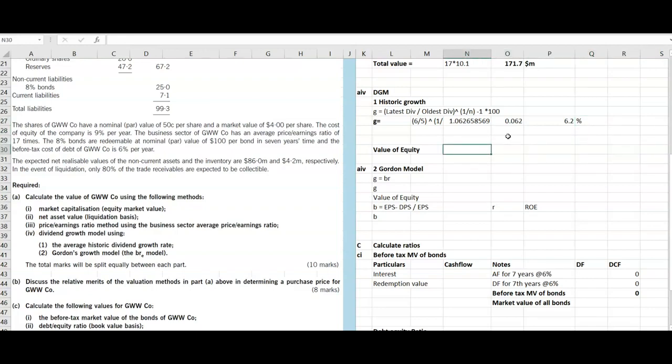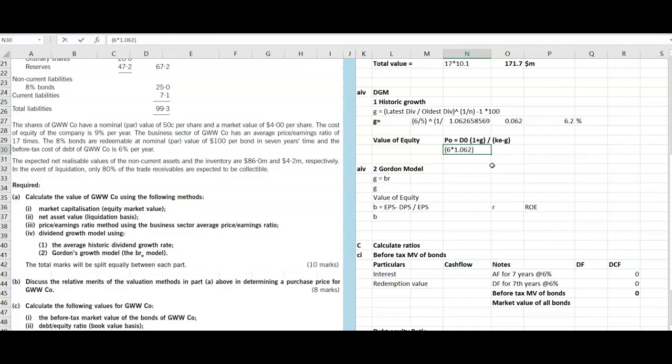Now we have to value the equity using this. How do we value equity? Through the dividend growth model. The dividend growth model works like this. The formula: we'll try to insert the numbers. D0 is 6, that is the latest dividend, so 6 into 1 plus G, which gives 1.062 as the dividend.